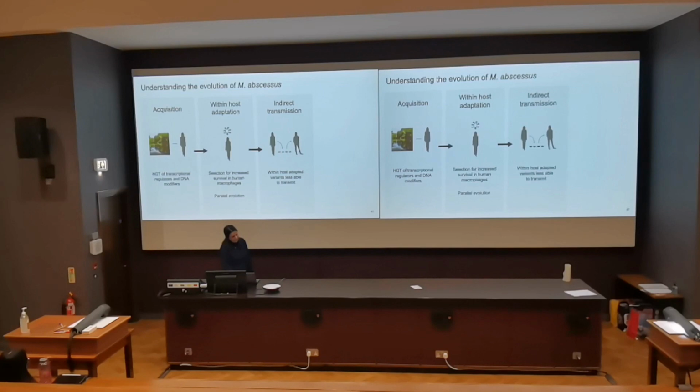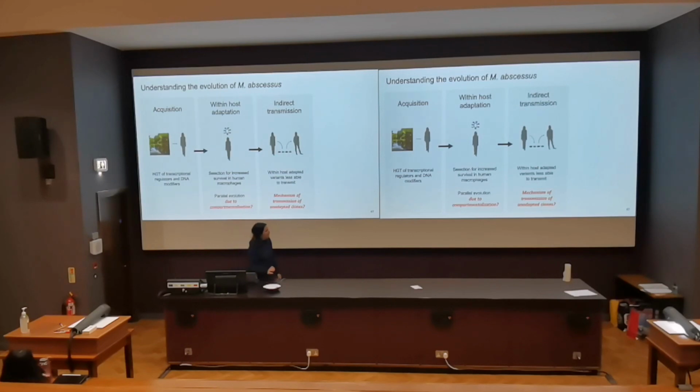And then we saw a surprising finding, which was that within host, adaptive variants were less able to transmit. So even though we've shown now that there is transmission between people, we think that the adaptive processes don't always promote this process. And so there are a couple of unanswered, frustrating things to do with this.